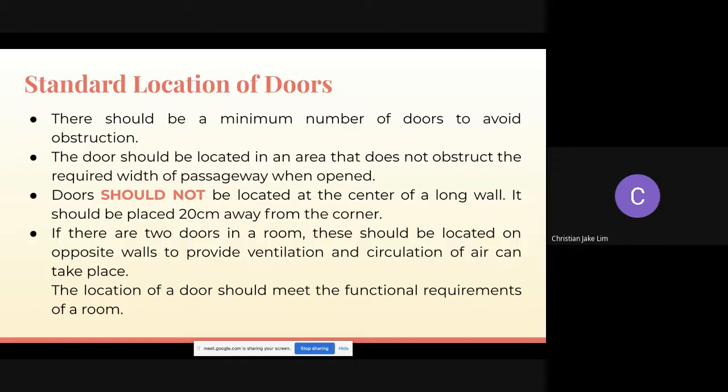In case of a long wall, doors should be placed 20 centimeters away from the corner. If there are two doors in a room, these should be located on opposite walls so that ventilation and circulation of air can take place. And lastly, the location of a door should meet the functional requirements of a room. The next slide.